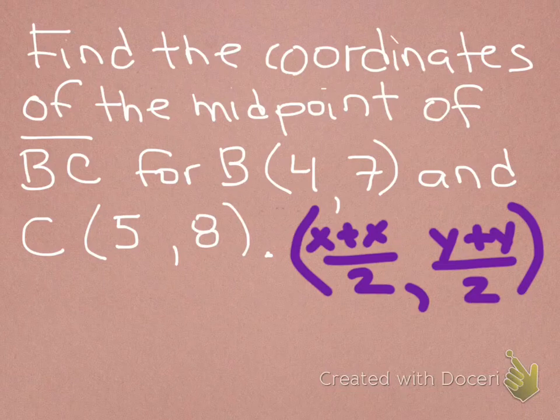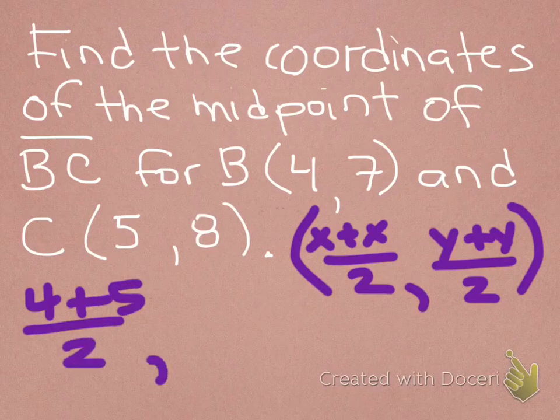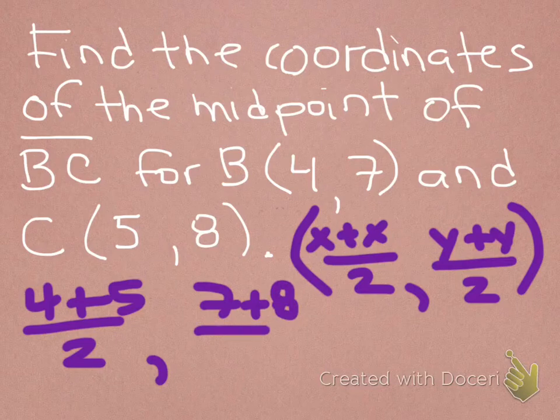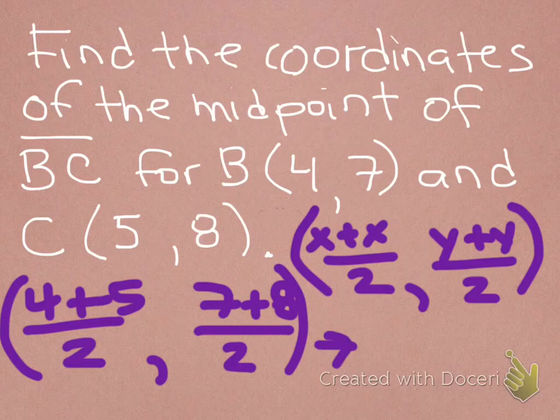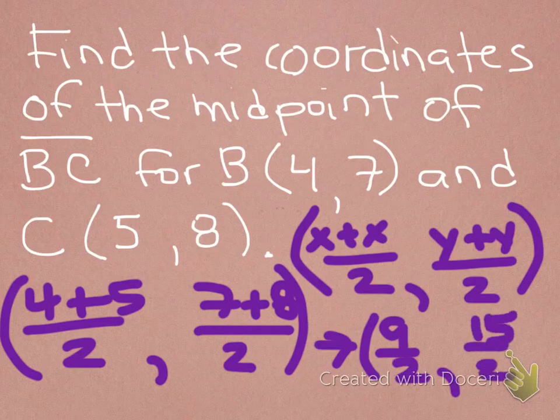So we have 4 and 5 as our x coordinates, so 4 plus 5 over 2, comma, 7 plus 8, those are our y coordinates, over 2. And we simplify that to be 9 over 2, you can leave it as a fraction, comma, 15 over 2. And again, you could leave it as a fraction. So that would be your midpoint.